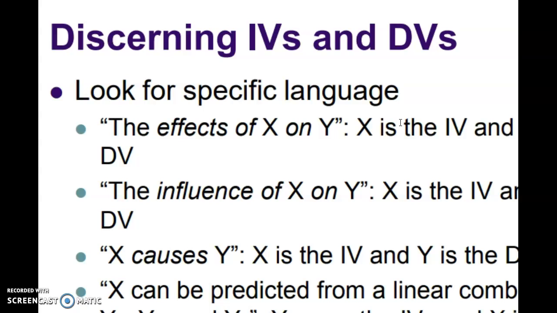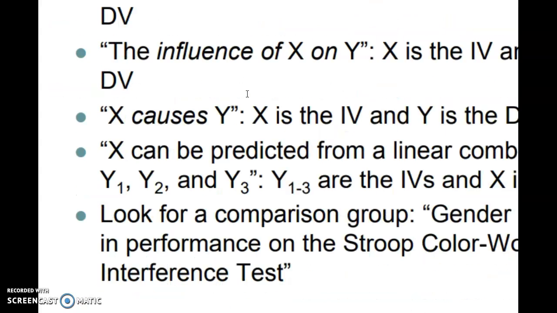If we say the influence of X on Y, so the specific language could be the effects, or the influence, or we could say that Y causes X. So when you see these words like effects, influence, or cause, that gives you some idea that this is talking about the independent variable, and the other one is talking about the dependent variable.